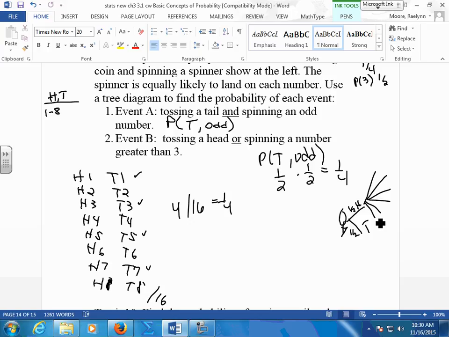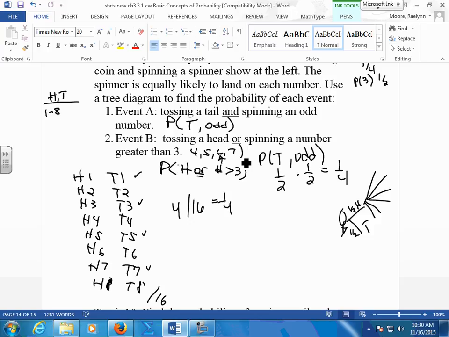Okay, what is the probability of tossing a heads or spinning a number greater than 3? What numbers are greater than 3? Does it say or in the book too? Or spinning a number greater than 3.